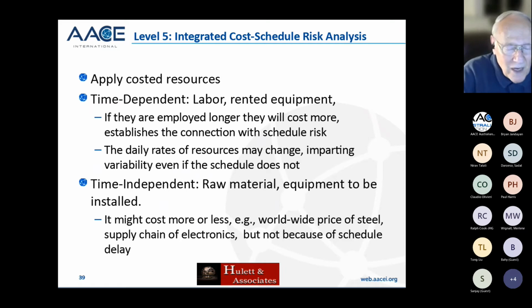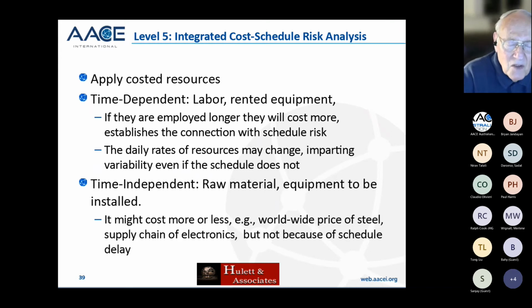The only distinction we need to make is between labor type resources and equipment type resources or material type resources. They can be a lot of different things, but if they're charged according to the number of days they're used, that's labor type. The things that are installed are not charged according to time. It's according to the world prices of raw materials, for instance.